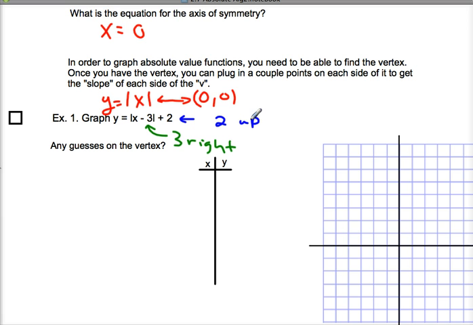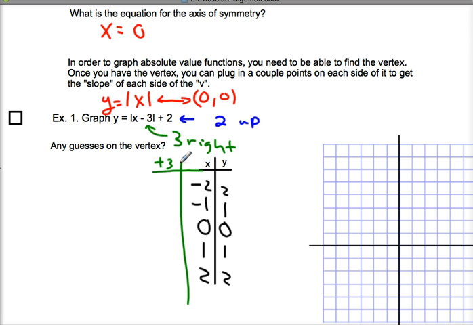Our parent function has 0, 0 for a vertex, and it also has 1, 1 and 2, 2. It also has negative 1, 1 and negative 2, 2. But these transformations tell me to go 3 right, and that changes the x. So I'm going to add 3 to all my x's.